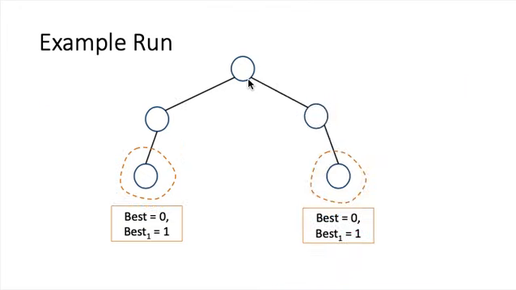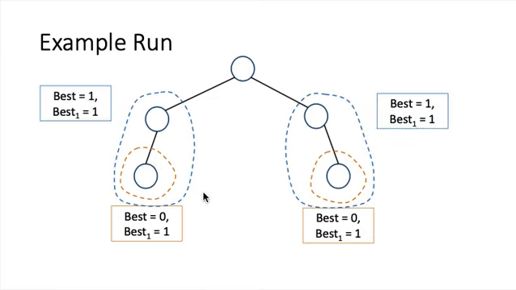Now for the other example, let's get familiar with what we are doing. This is another graph. Again, best and best one are computed. Based on best and best one, we can compute this case for the larger subtree. When a node has all the information of the subtrees done, then we can come up with the value here.